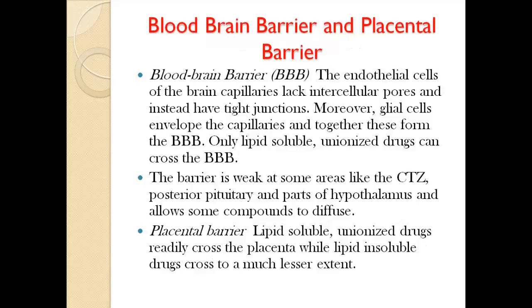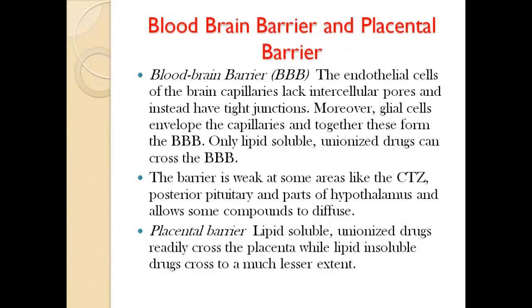Next, coming to the blood-brain barrier and placental barrier. In the blood-brain barrier, the endothelial cells of the brain capillaries lack intercellular pores and instead have tight junctions. Therefore, it is very difficult for a drug to pass through these tight junctions.